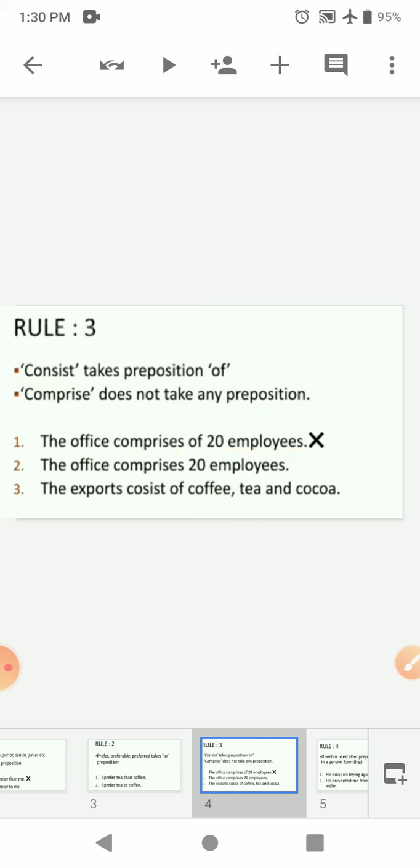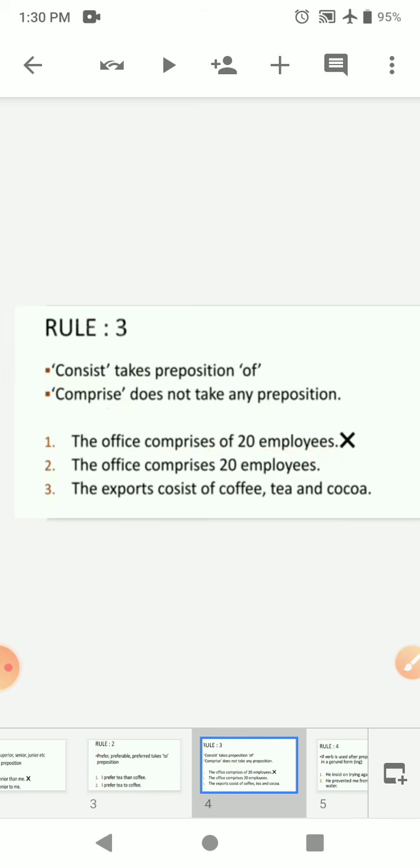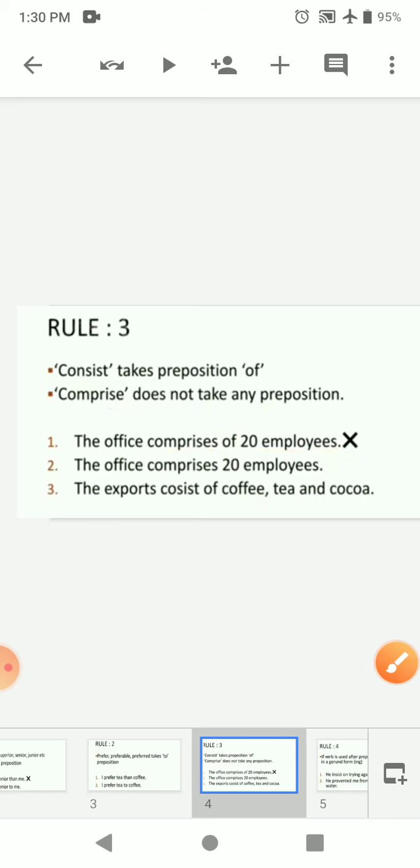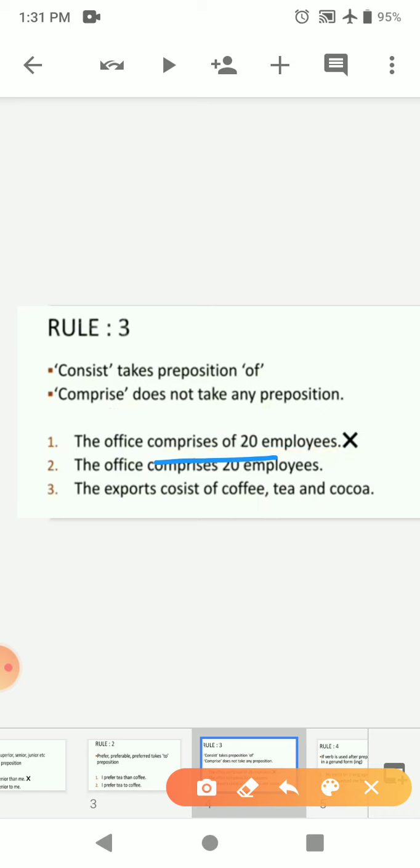Here is an example: "The office comprises of 20 employees." While reading it seems to be correct, but it is incorrect. We do not say "the office comprises of 20 employees."